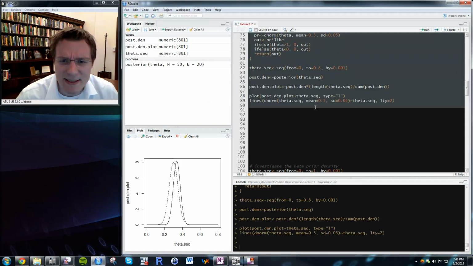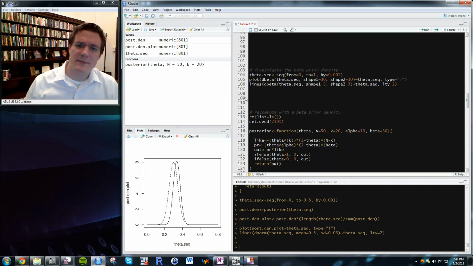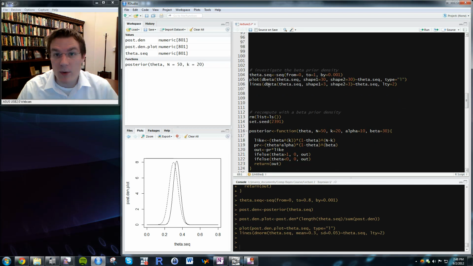And this is perhaps easiest to see in R. So I'm going to just show you, first of all, what the beta prior density looks like. I've got a sequence of thetas from 0 to 1, and the beta density is given by dbeta. It's integrated directly into R's set of functions.